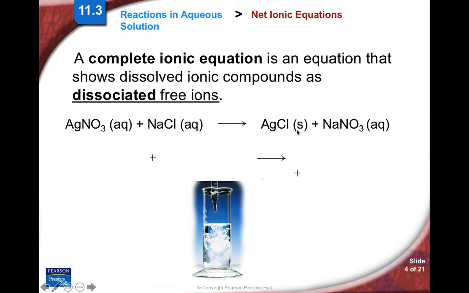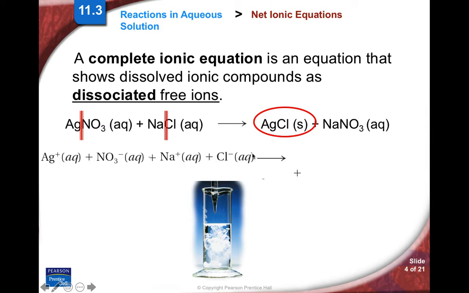Some of those compounds are not soluble, they form solid precipitates, and sometimes the ions stay soluble in water and stay aqueous. So if we were to break apart silver nitrate into its pieces, we get positive silver ions and negative nitrate ions. The sodium chloride likewise breaks apart into positive sodium ions and negative chloride ions.